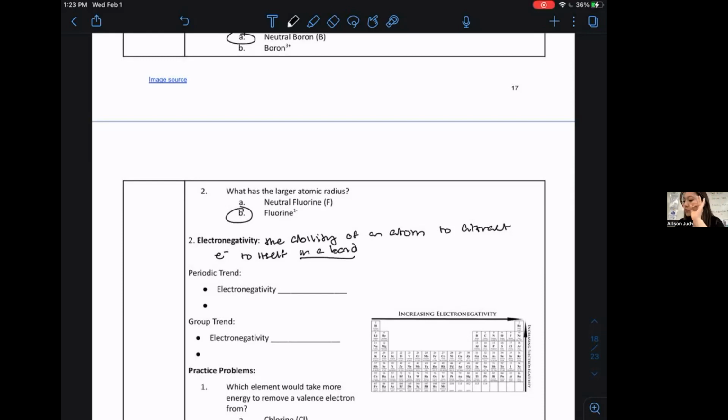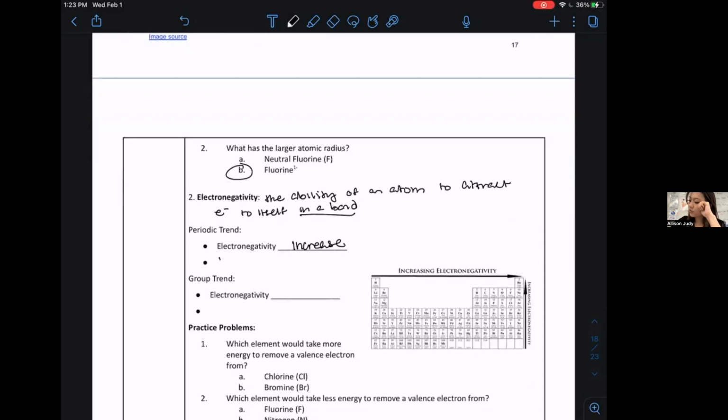Okay. So across a period, we see that electronegativity increases, right? Which would make sense because you have more protons, you have more Coulombic attraction. And if you're really good at holding in your own electrons and you're in a bond with somebody else, the likelihood is that you're also going to pull in somebody else's electrons as well, especially if you're already connected.